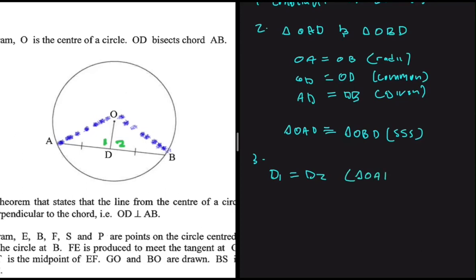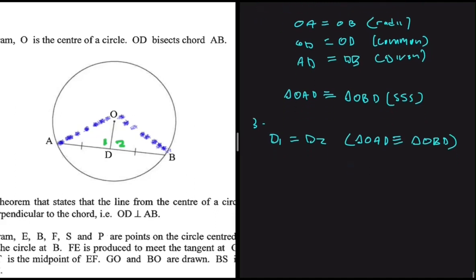Triangle OAD is congruent to triangle OBD, right? All corresponding angles should be equal to each other. So D1 should be equal to D2, right? But then it's easy to see that D1 plus D2 is equal to 180 degrees, right? As they are angles on a straight line.